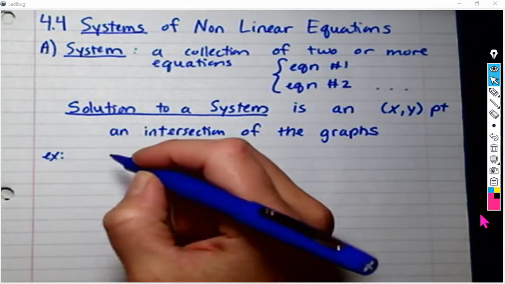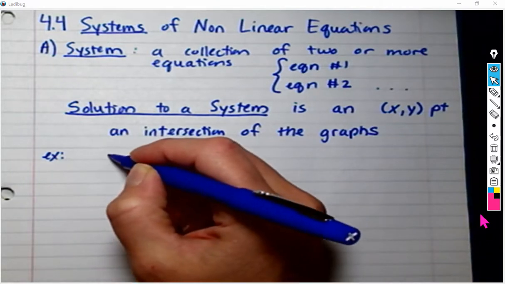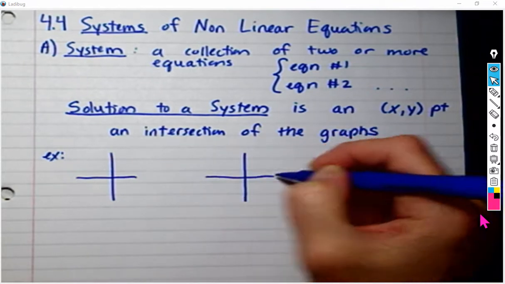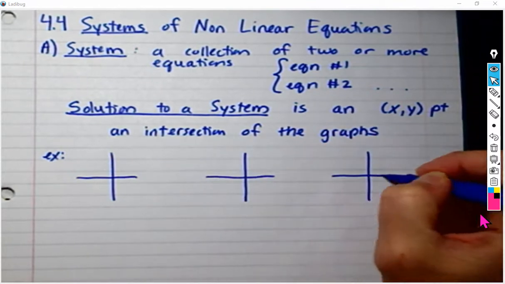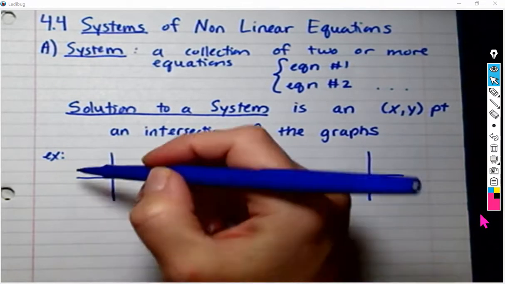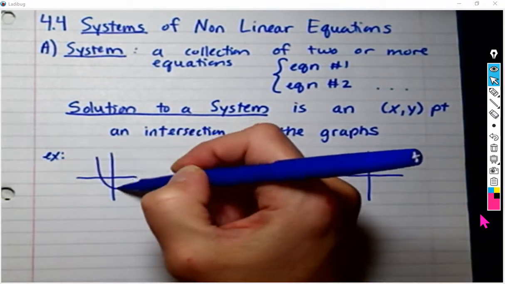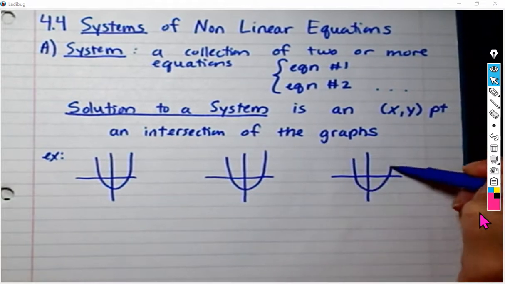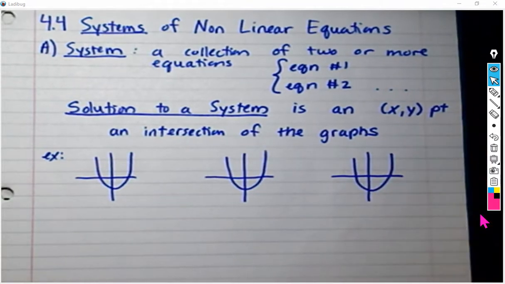Okay? So we're going to draw just 3 little graphs. Okay? They're not to scale, just 3 little pictures. And we're going to draw a parabola on each of them, because we're doing non-linear systems, which means that something's not a line. Okay?